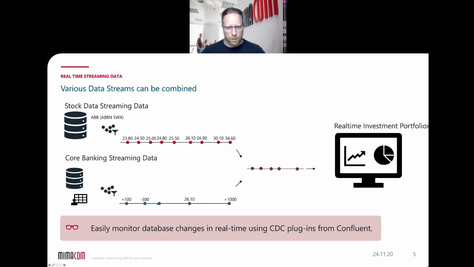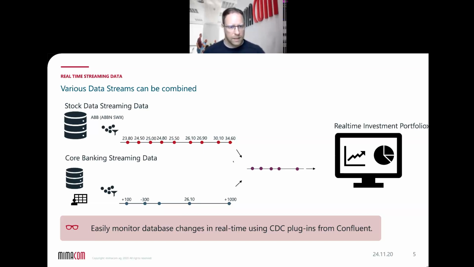And what we're going to show you later on is how to combine the number of stocks a given customer has in a bank with the current value, and show that on a time series to see how the performance is moving throughout the day, and also in real time, so without delay, without batches.